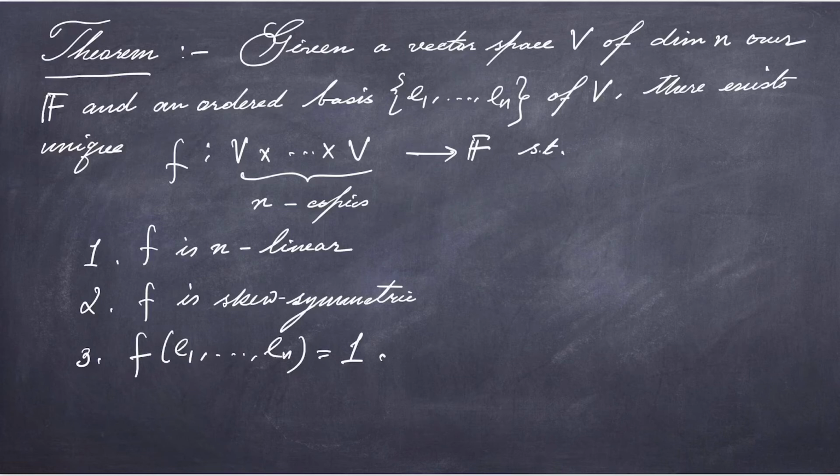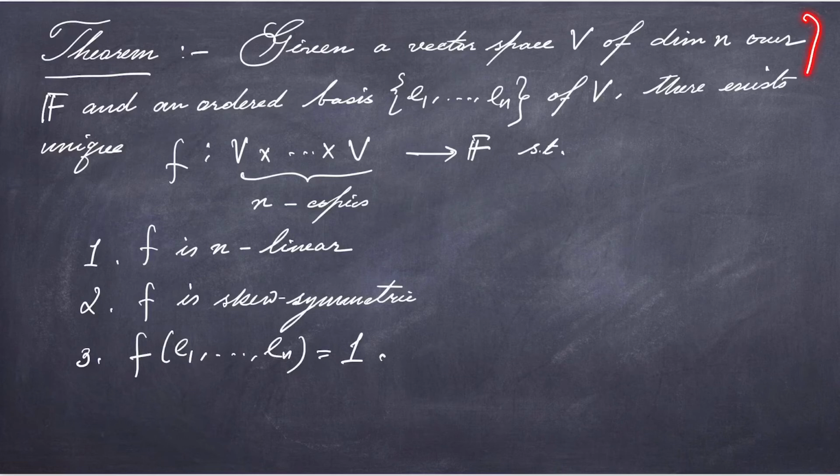If there is a determinant function, then it has to be n-linear skew-symmetric, and to begin with we assume that it takes the value 1 on the fixed ordered basis e1, e2, ..., en. So if there is a determinant function, then these hold for that function, but we do not know whether such a function exists or not.